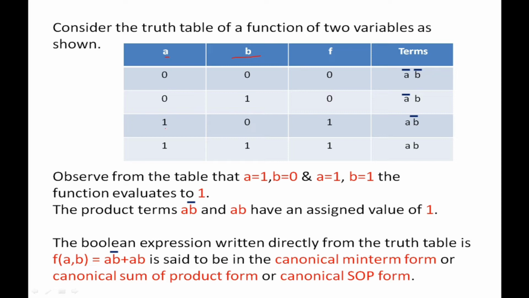For the third row you can see a is 1 and b is 0, and the function is producing a high output. Similarly for 1 1 the function is producing a high output. So the expressions for the third row are a b bar, because b is 0 here, and ab, because both a and b are 1.